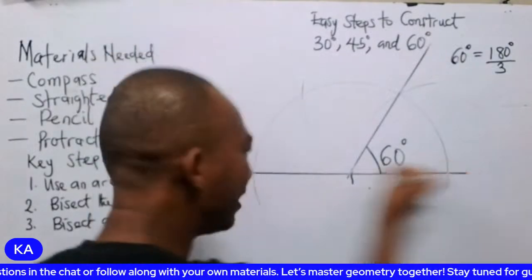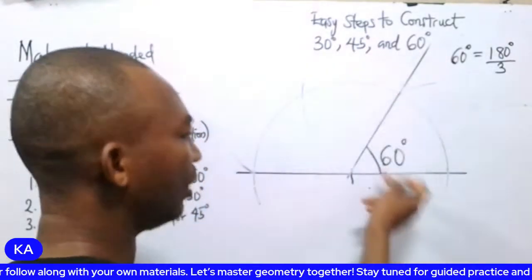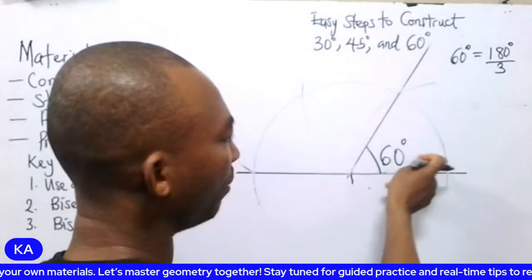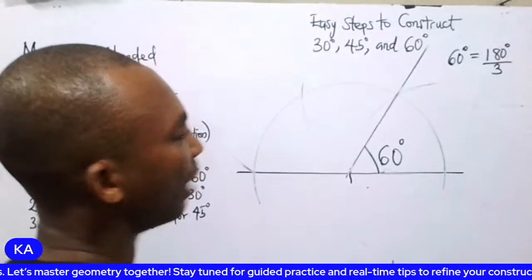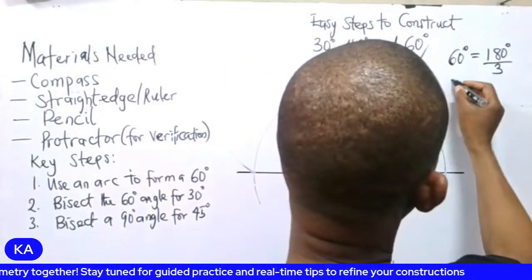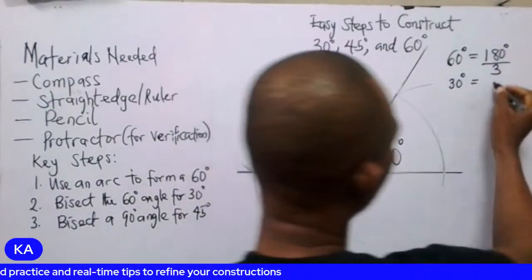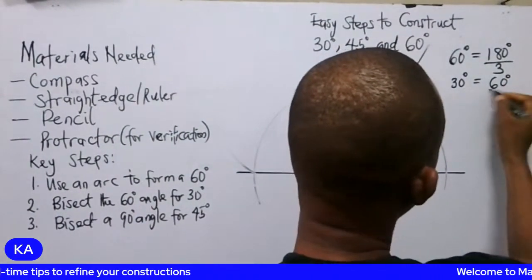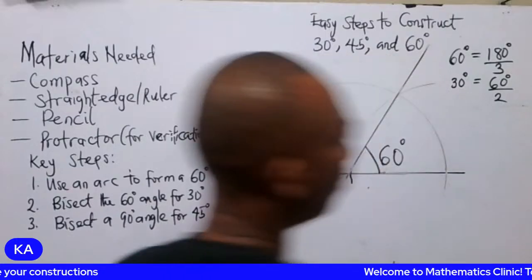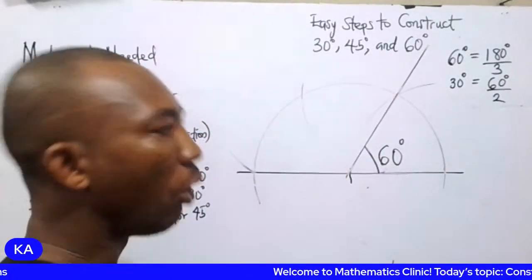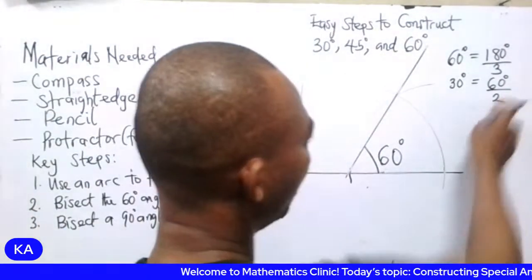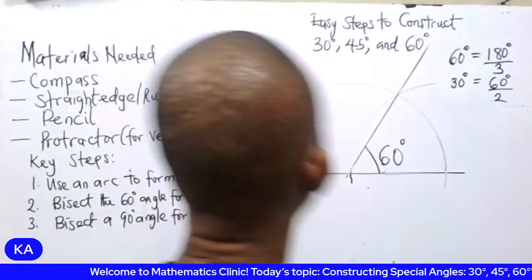And that is why once I divide the 180 degrees into 3, the 1/3 of it is giving me 60 degrees. Now, constructing a 30 degree angle is just going to be the bisection of 60 degrees, or I divide this 60 degrees into 2 equal parts.